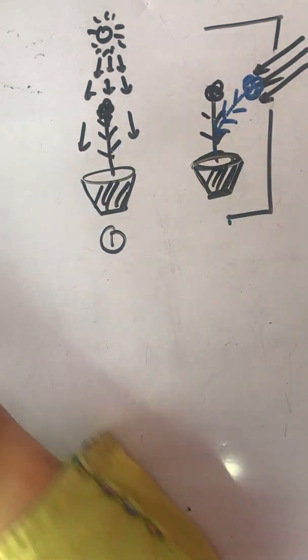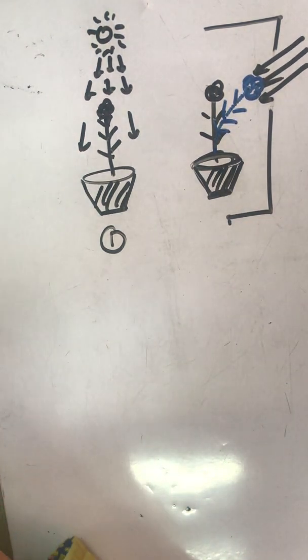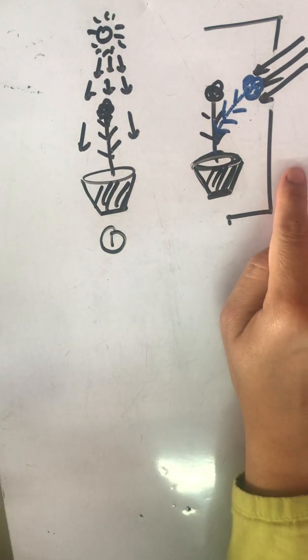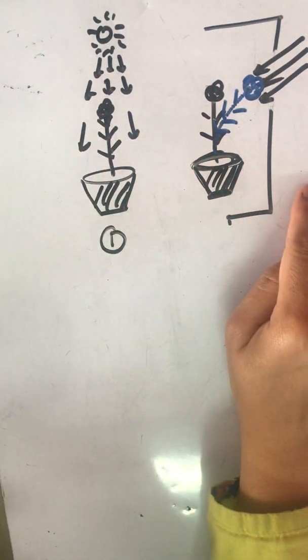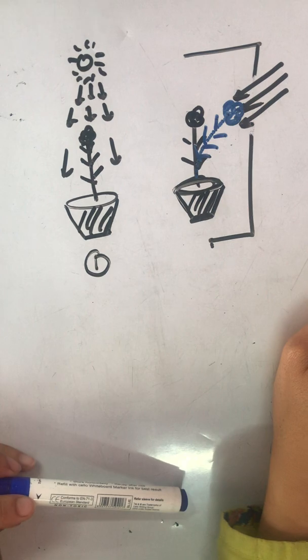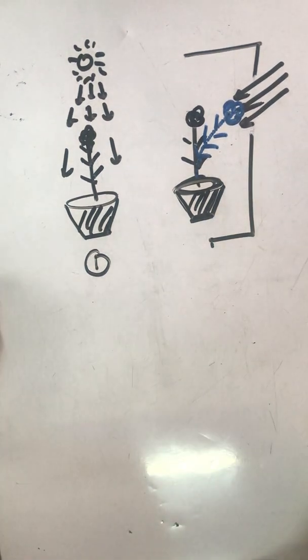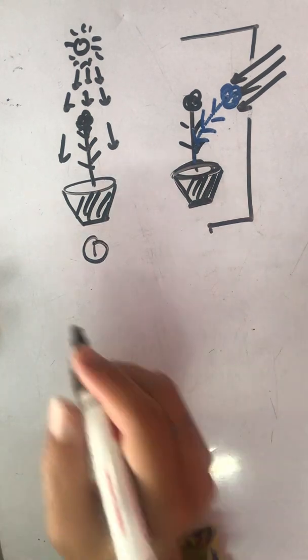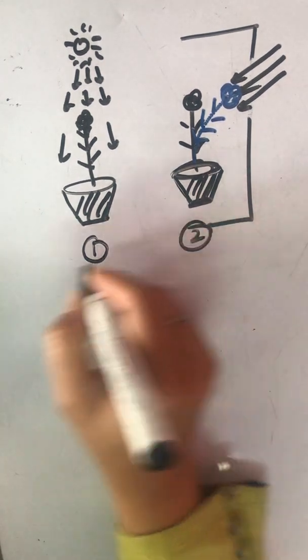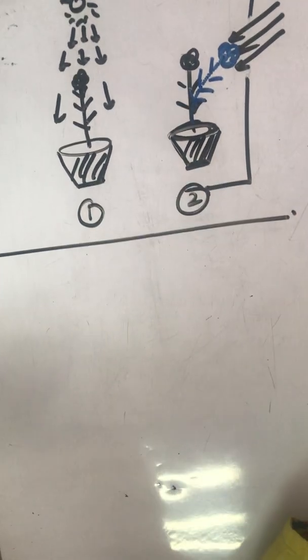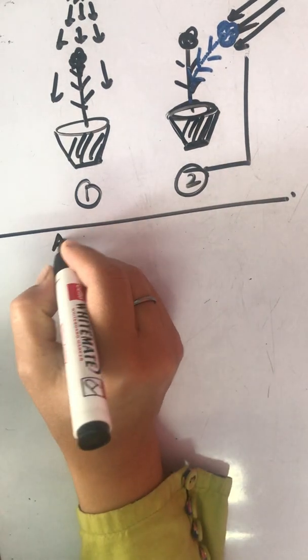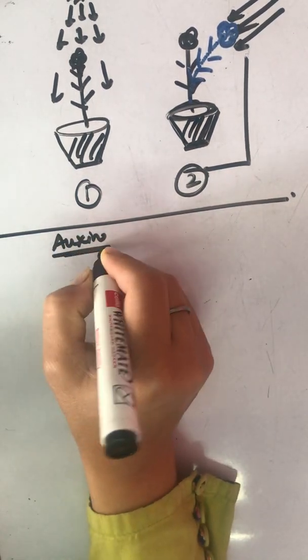What is responsible for bending? The sunlight. As the name suggests, phototropism, so we think the sunlight is responsible for doing it, right? The thing is, here is a hormone which is responsible for this entire process. Which hormone? This is a hormone related process, auxin.